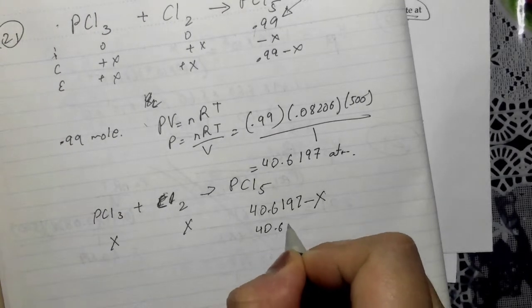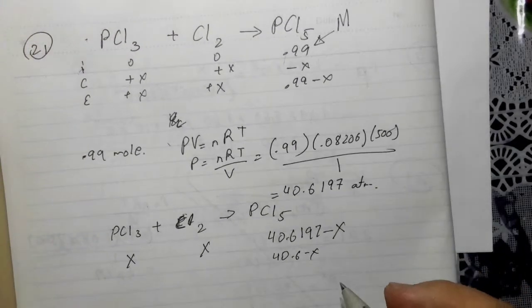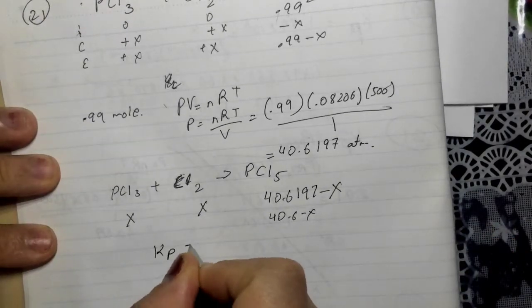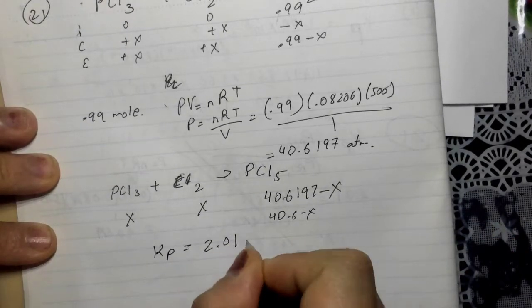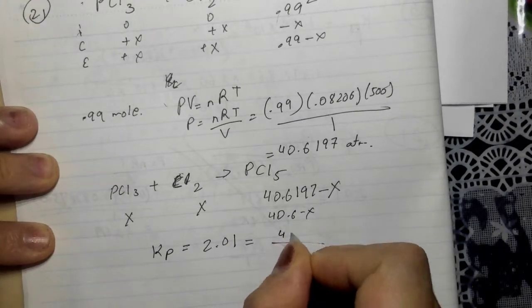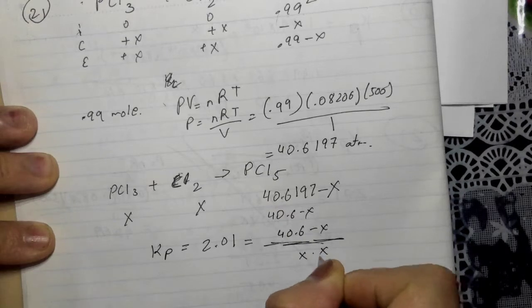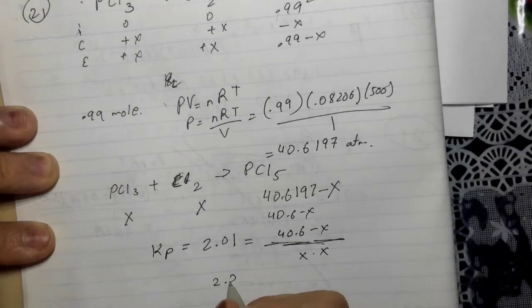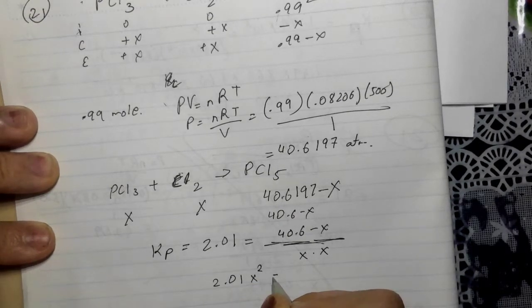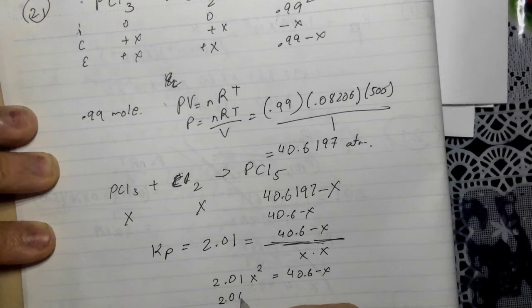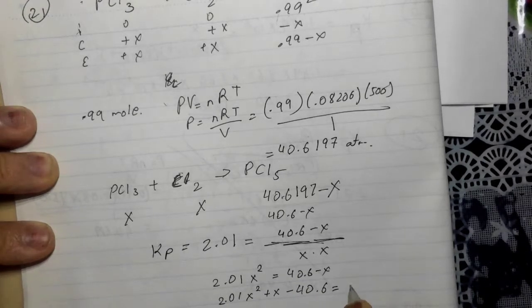Now, we have Kp, so let's solve for that. 2.01 is equal to product over reactant, x squared over 40.6 minus x. So 2.01 x squared equals 40.6 minus x, so 2.01 x squared plus x minus 40.6 equal to 0.